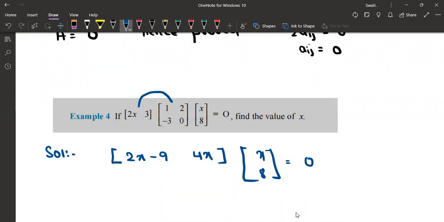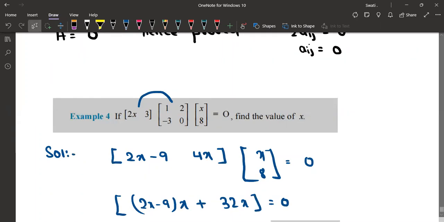Now here, how can we multiply? Of course, we will multiply the first row with the first column. So 2x minus 9 times x, and the second entry will be 4x times 8, that is 32x. Of course, we have to add here. So (2x minus 9) times x plus 32x is equal to 0.